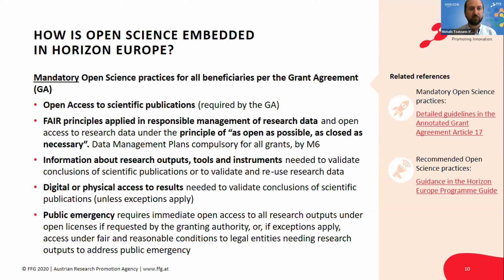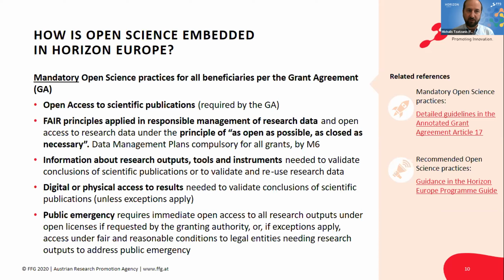Nobody is pushing you to publish something if you want to protect your knowledge for patenting or whatever. But if you or the consortium take the free decision to publish, then these peer-reviewed publications need to be open access, either gold or green open access. We'll hear more about it from Barbara.